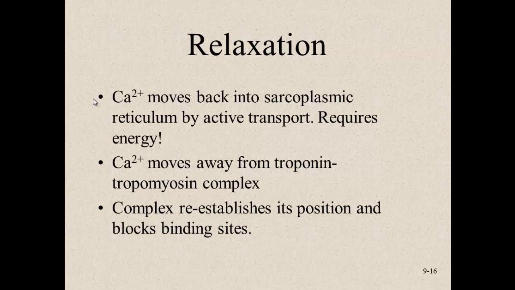So ATP binds, and then calcium that is bound to troponin will diffuse away and by active transport move back into the sarcoplasmic reticulum. So we need to lose the calcium at the binding site on actin, specifically troponin. We need to lose the calcium bound to troponin, and we need ATP to bind to myosin in order to get relaxation to take place.